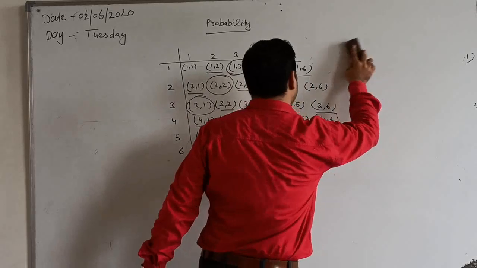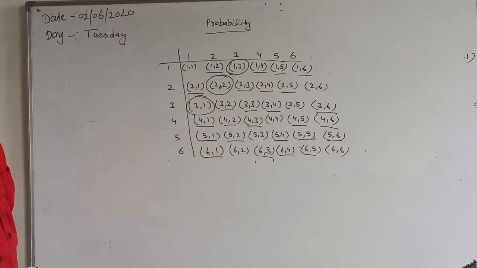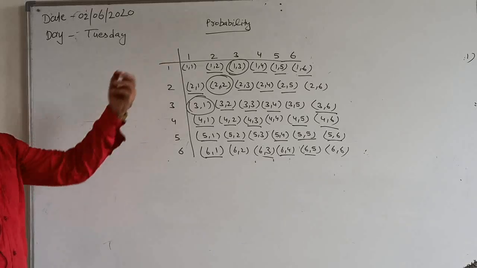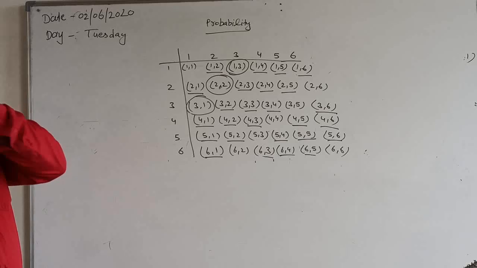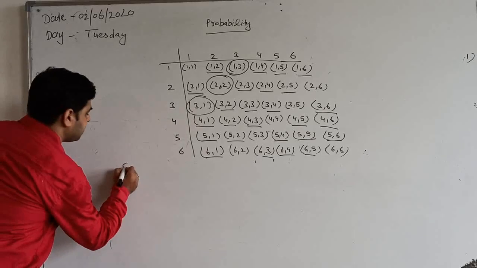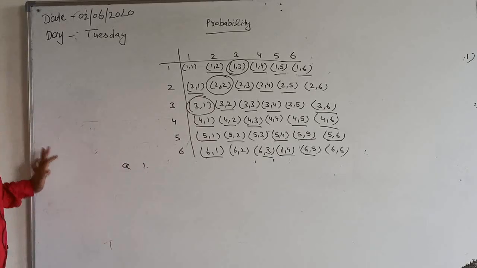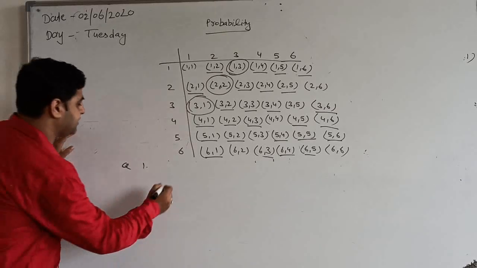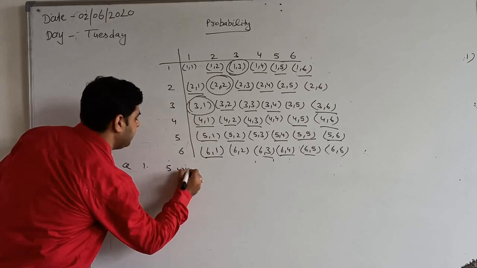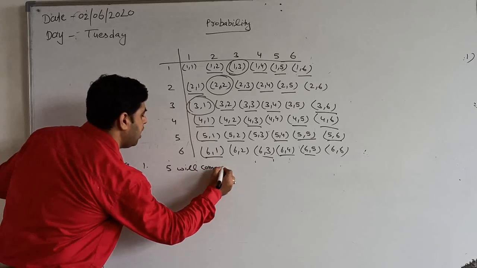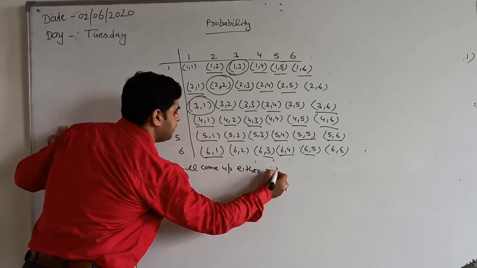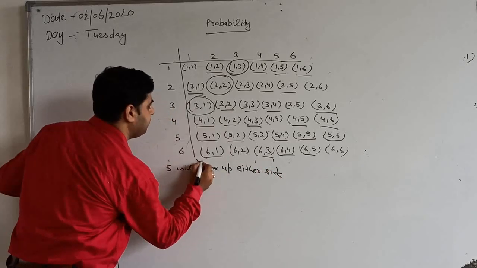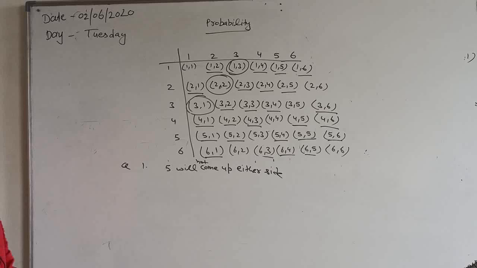I have taken another question on probability, when we are throwing two dice. The question is: 5 will not come up on either side.